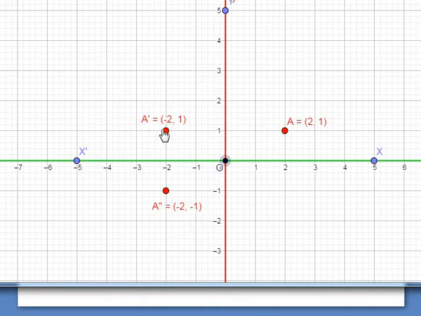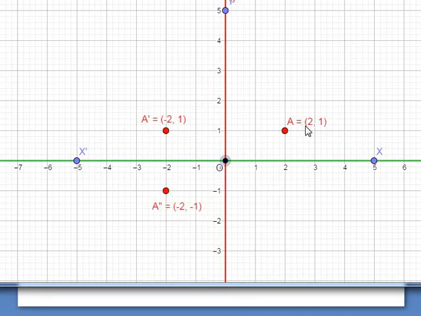So look here, we have transformed the point A two times, first a reflection in the y-axis, and then the image so obtained is again reflected about the x-axis. So we have two images, the first image and the second image. The single transformation can be found by comparing the object point and the image point. The object point is (2, 1) and the final image point is (-2, -1).